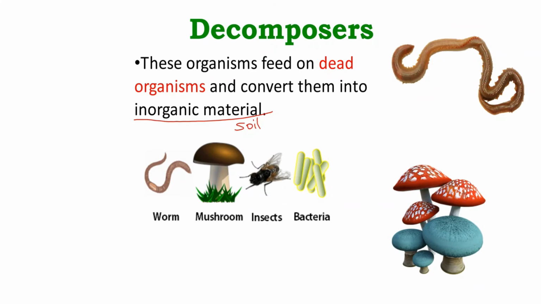By decomposers. So earthworm is an example of decomposers, mushroom, and some kinds of insects are decomposers. Bacteria are the largest group of decomposers. So decomposers decompose the bodies of dead organisms.